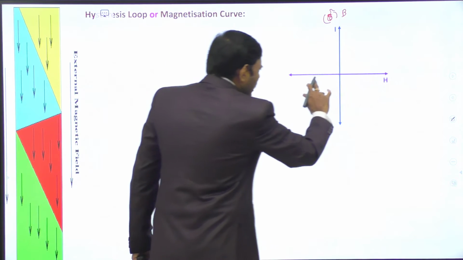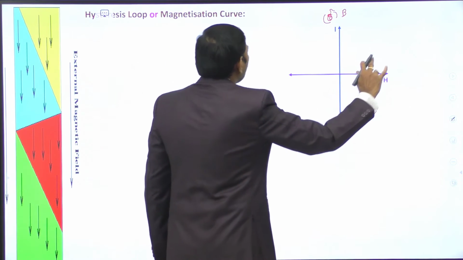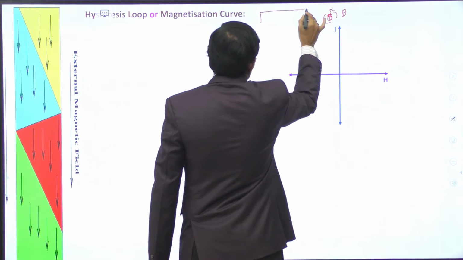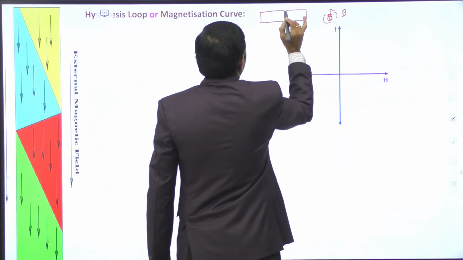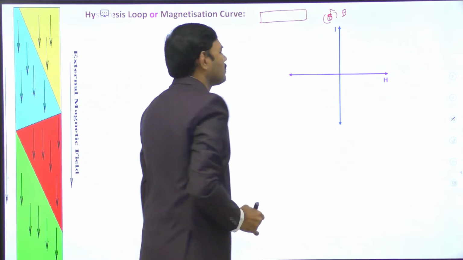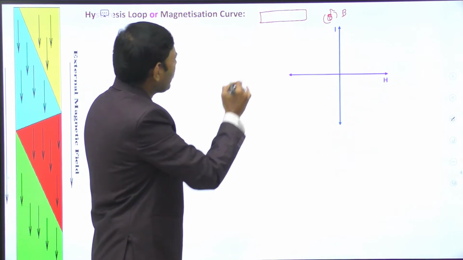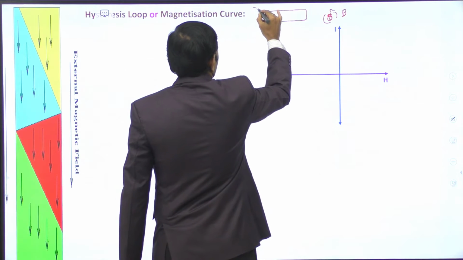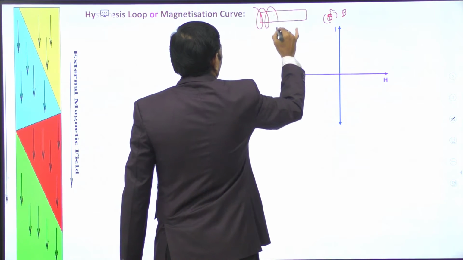First of all we consider a magnetic material, a ferromagnetic material such as iron. Let this be a ferromagnetic material such as iron and let this be a solenoid.